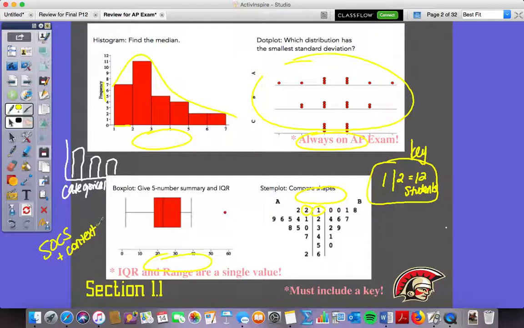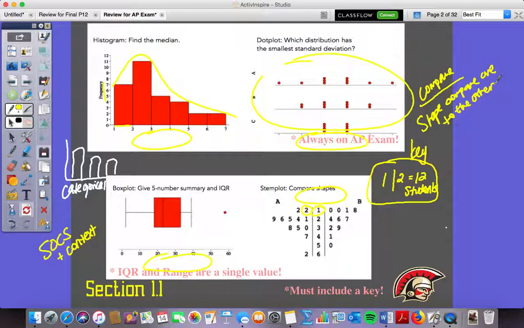Some other things I've seen counted off on the AP exam: if I was supposed to compare on the dot plot, I can't just say this is A, this is B, this is C. I actually have to go into, like with my shape, comparing one to the other. That's just a reminder of things a lot of people get counted off for.